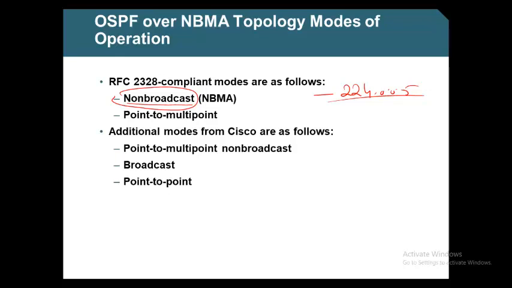The multicast can be used. If multicast is not used, then how will you send a hello packet? To whom will you send a hello packet? You do not know the neighbor. When you don't know the neighbor, you use multicast. But when multicast is not supported, then you cannot know the neighbor.